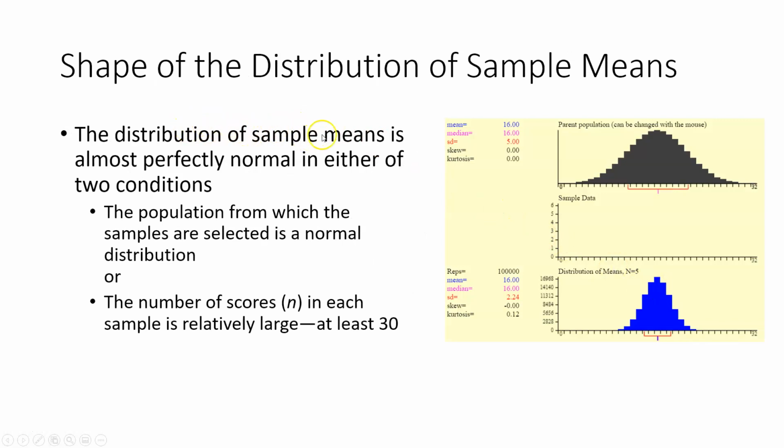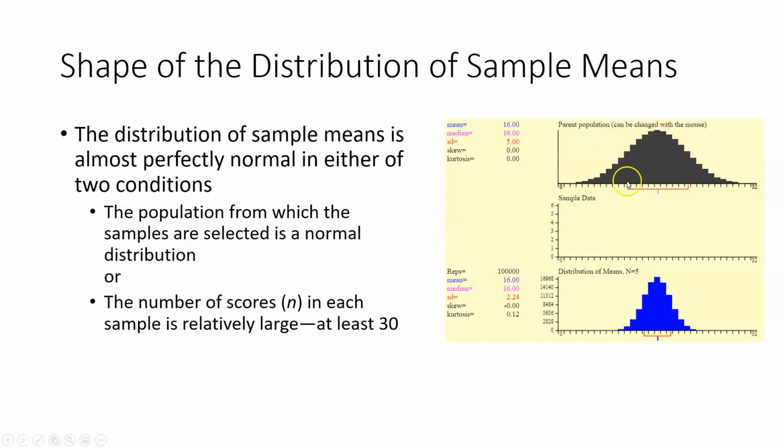Now, the distribution of sample means is almost perfectly normal in either of two conditions. We've already demonstrated how these work, but I just want to make it very clear that even though the distribution of sample means like this ends up having a normal shape, much more normal than the population, it can still be somewhat skewed, and it will be more normal if, first, the population from which the samples are selected is a normal distribution.